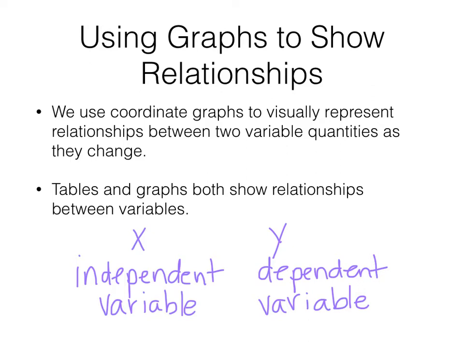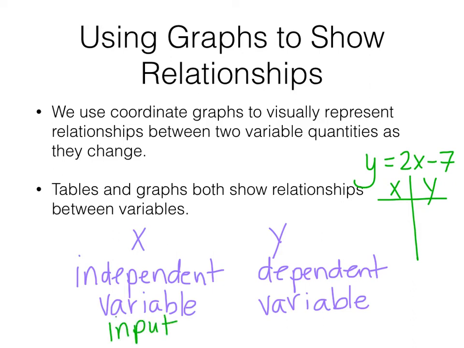In pre-algebra, when we gave you y equals 2x minus 7, when you then made a table, did you provide the x's or the y's? You provided the x's. So your input was the x's. So that's another word we can use for this: input. And what came out was the y's: output.